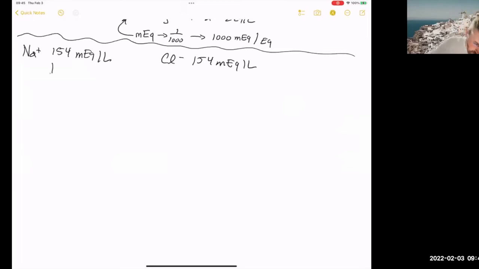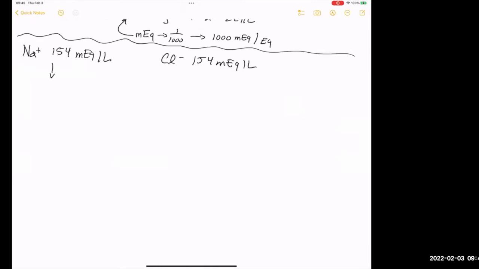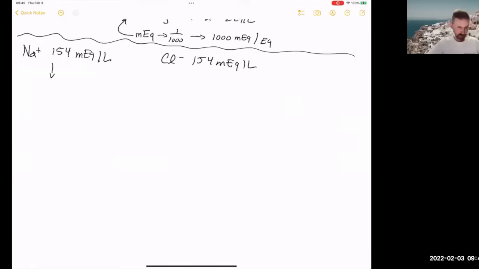So if I go to the periodic table of elements, what is the atomic weight for sodium, or the atomic mass of sodium? Someone tell me what that is. 22.990. So let's say that there are 22.9 grams per mole of sodium.